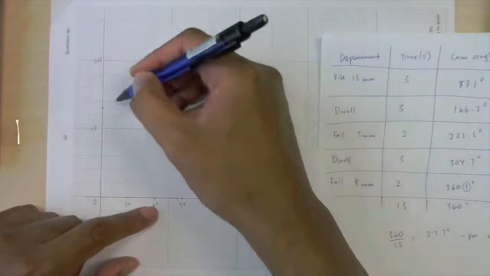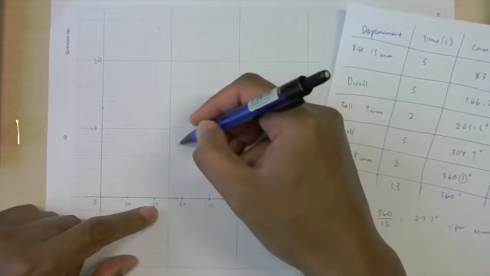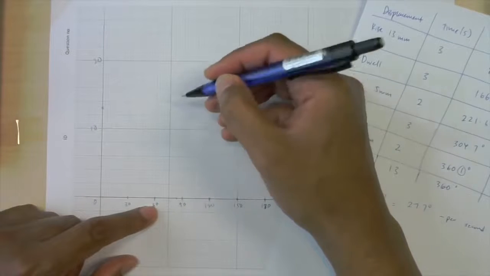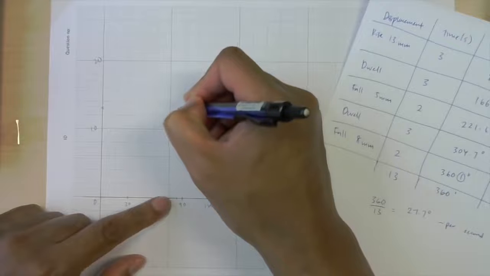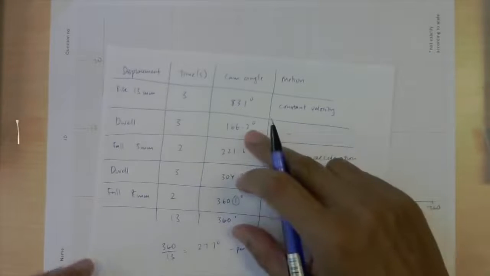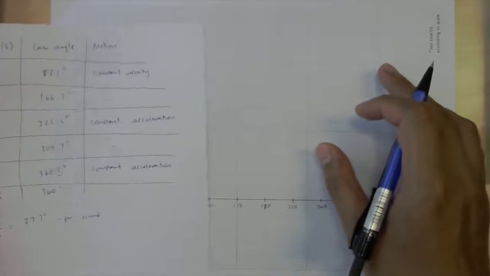So we can plot this. 13 in the middle here. Okay, that will be the one. Next is 166.2. We will dwell for 3 seconds.